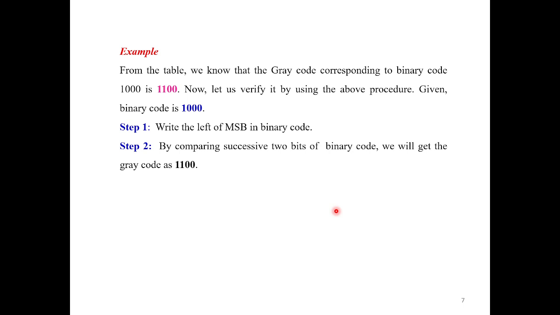So here there is an example. I need to convert the corresponding number to gray code. This is my number, and 1000 is my binary representation. First I need to convert to gray.